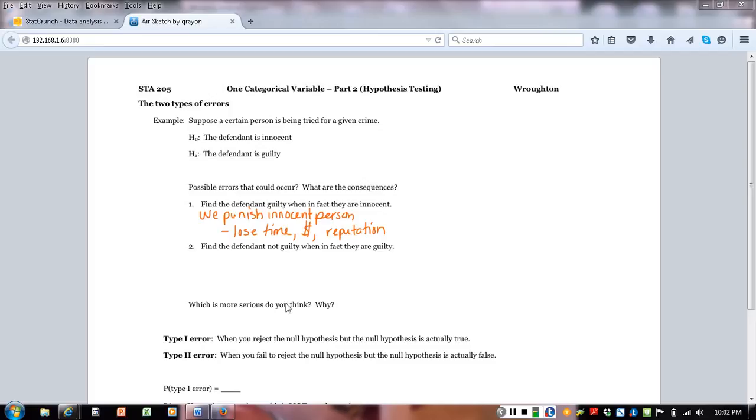Now our other verdict that we could have is to find someone not guilty when in fact they really are guilty. Notice we never actually say that someone's innocent, we just say that they're not guilty. So if we have this happen, we're letting a guilty person go free. Which of course is not good.